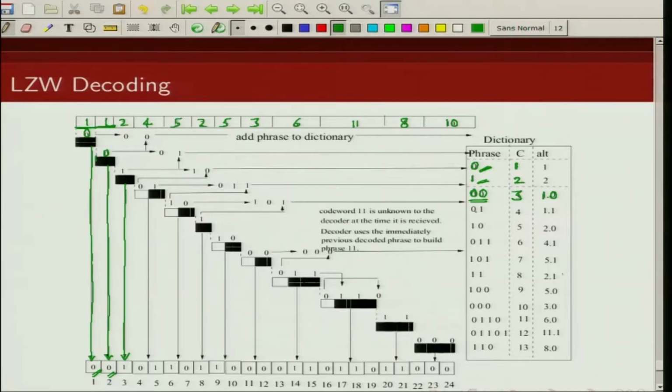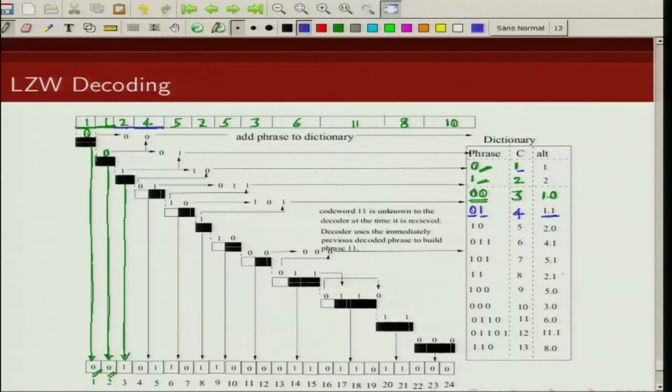So I add 0 1 to my dictionary, and this is my code word number 4. And 0 1 can be written as the concatenation of 1 0, which is code word 1, with 1. So that's why I am writing it like this. Next, 1 1 2 has been decoded.